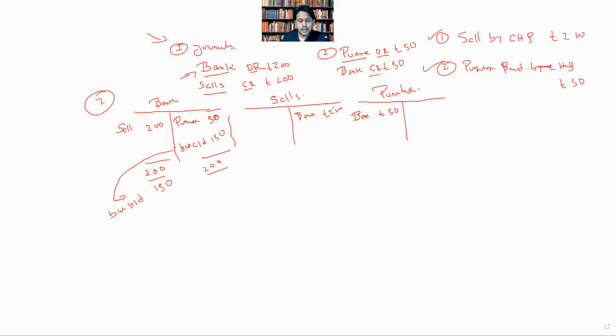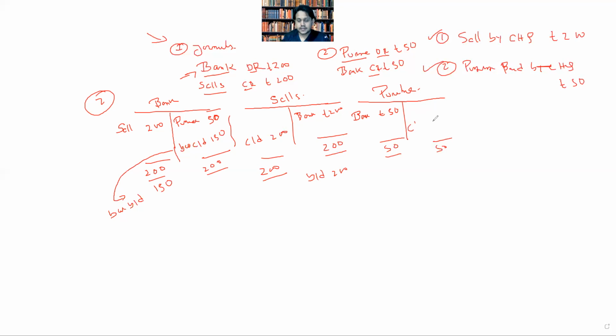Then the sales, I have nothing, only 200. 200, and obviously the balance sheet is 200, and this balance sheet will go opposite side as a balance BD 200. Then I have a purchase, nothing on that side, so only 50, 50.